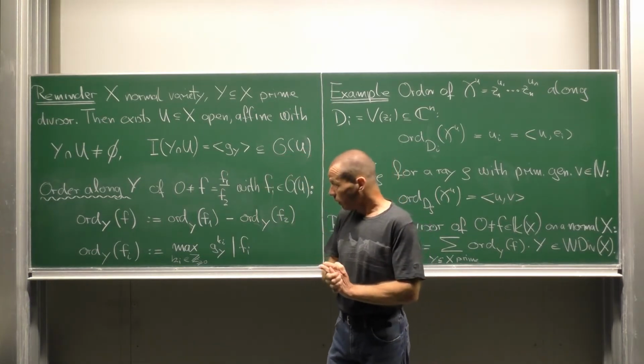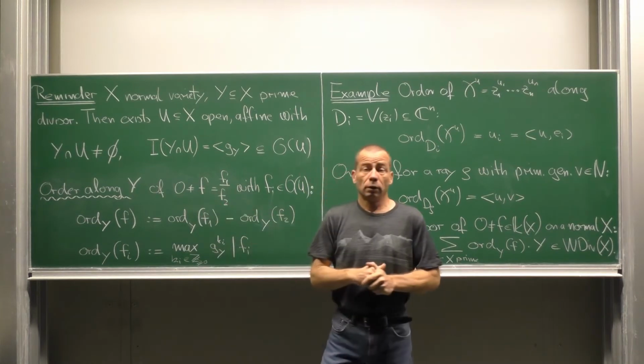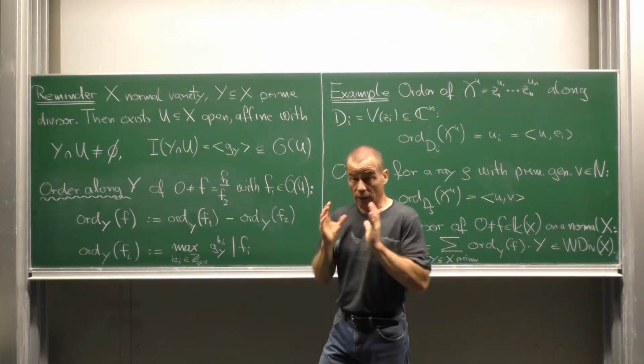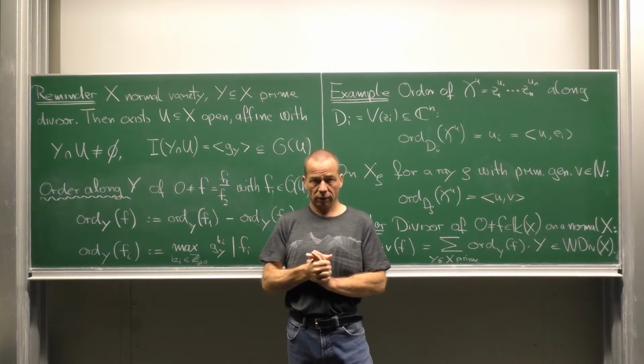Now the order of a non-zero rational function along Y is defined as follows.